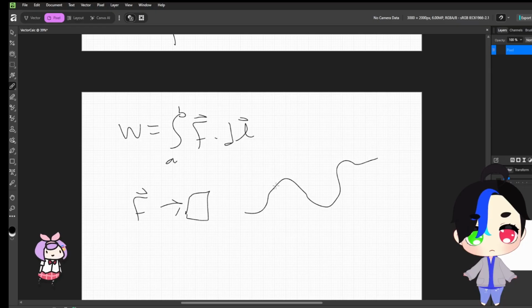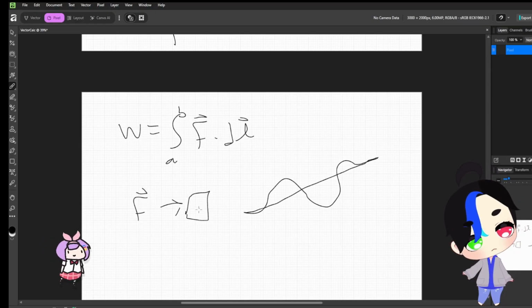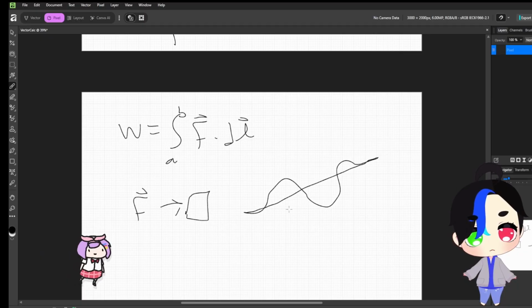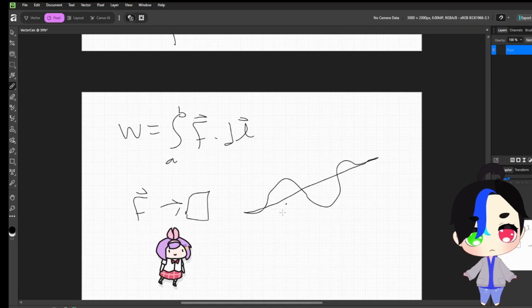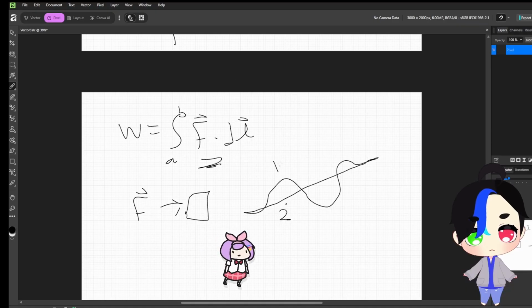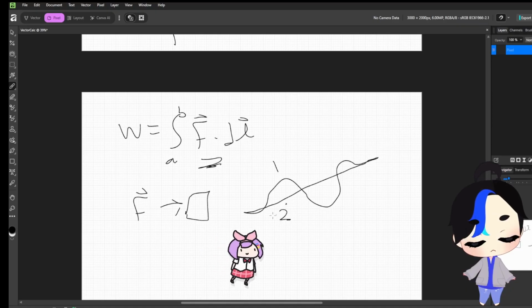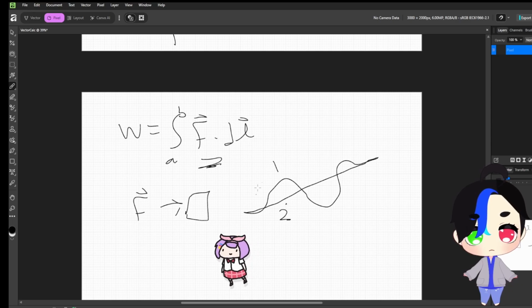This is a lot longer of a path than just going straight through. Let's call it path 2 and path 1. Path 2 is going to give you a much smaller line integral than path 1 because this L is a lot shorter. So that's what this line integral tells you. If you have some vector field, this allows you to add up all the contributions over a given path.